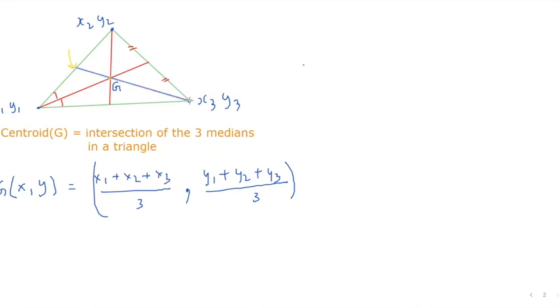For example, if you take this blue median, it will be 1:2. All three medians are divided in this ratio. So you'll have to find that yellow point and then use a section formula to find this. It's all a bit tricky. So this is very, very simple.